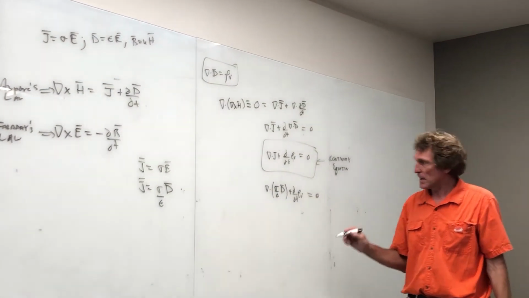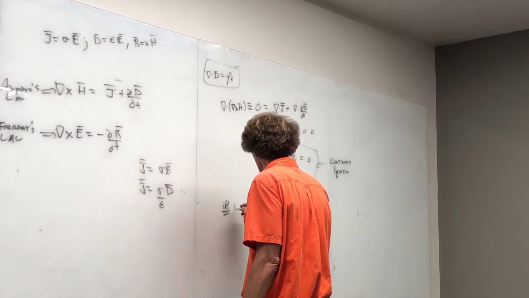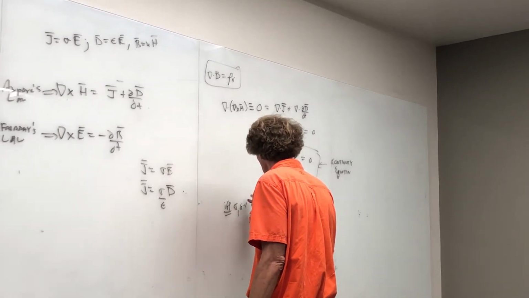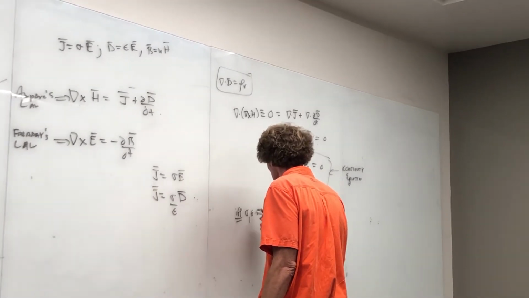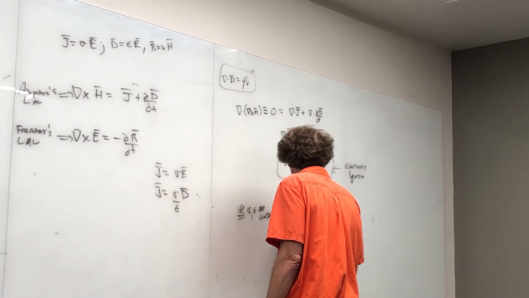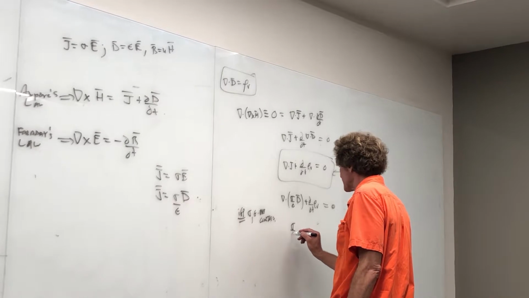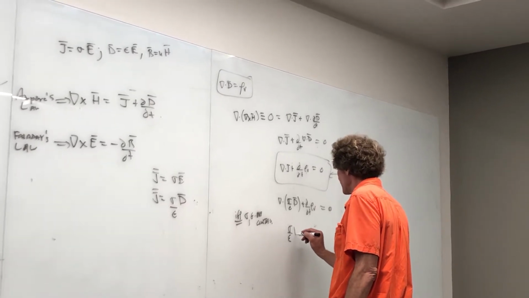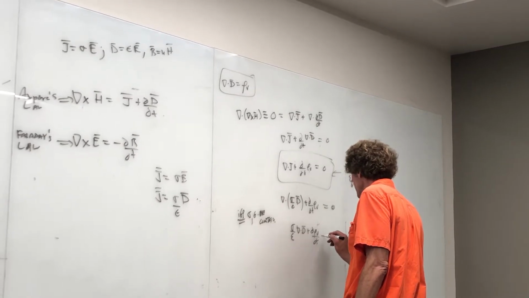And if, write this down, make sure you put this, if and only if sigma and epsilon are constants, then I can take them out in front here and I have sigma over epsilon times divergence of D plus d rho V dt equals zero.